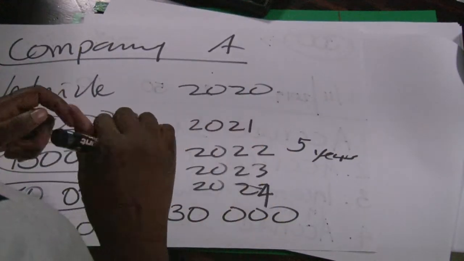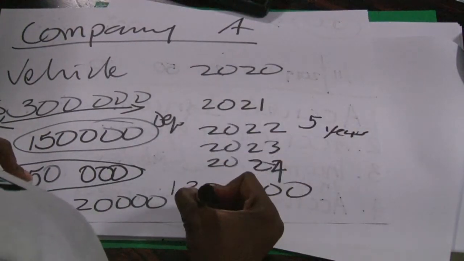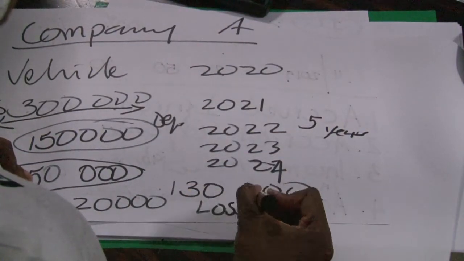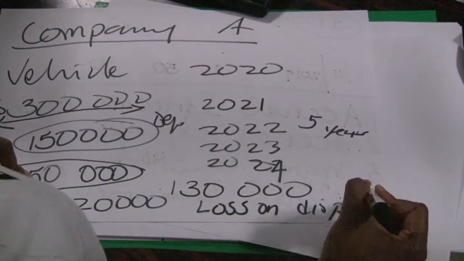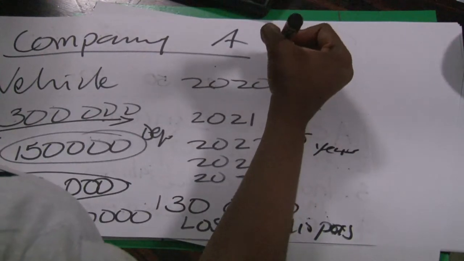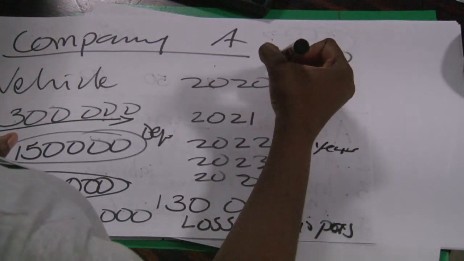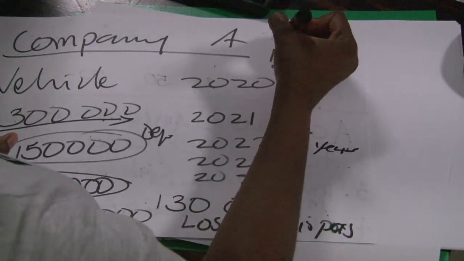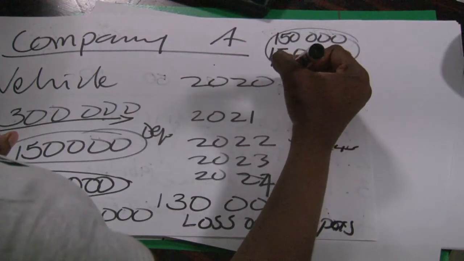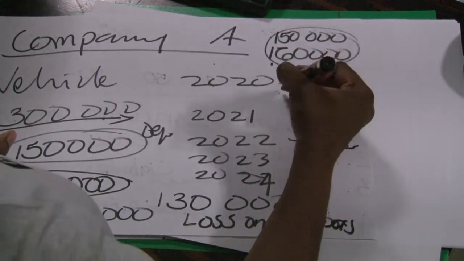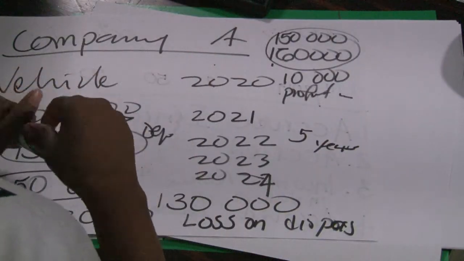But if we are going to sell our asset over book value, say I sell it at 160, above the book value of 150, then I'm going to make a profit of 10,000. This is a profit on disposal.